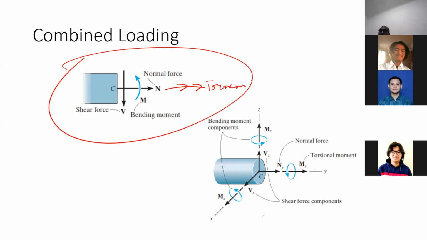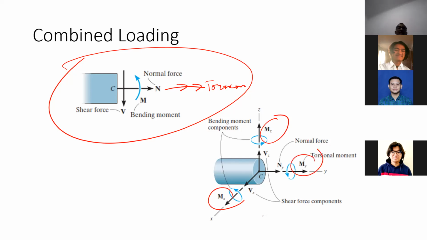But if we talk about the three-dimensional case, it's way more complicated because we have forces in three directions: two shear forces, Vz and Vx, and one normal force, Ny. Besides that, we have two bending moments, Mz and Mx, and one torsion, My.